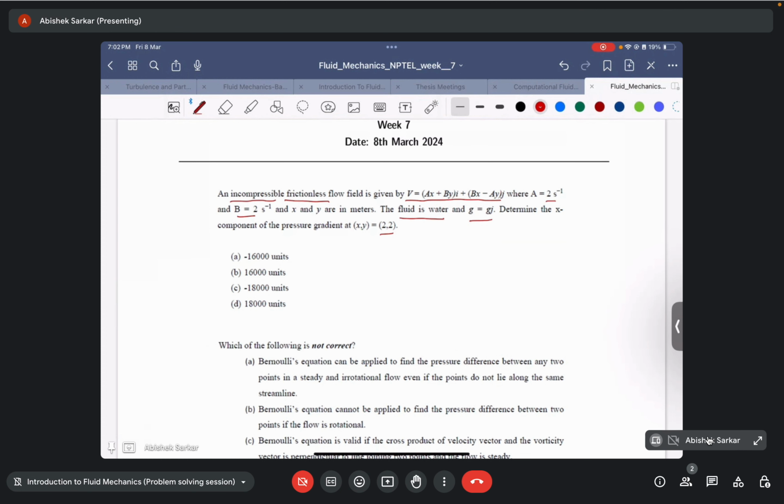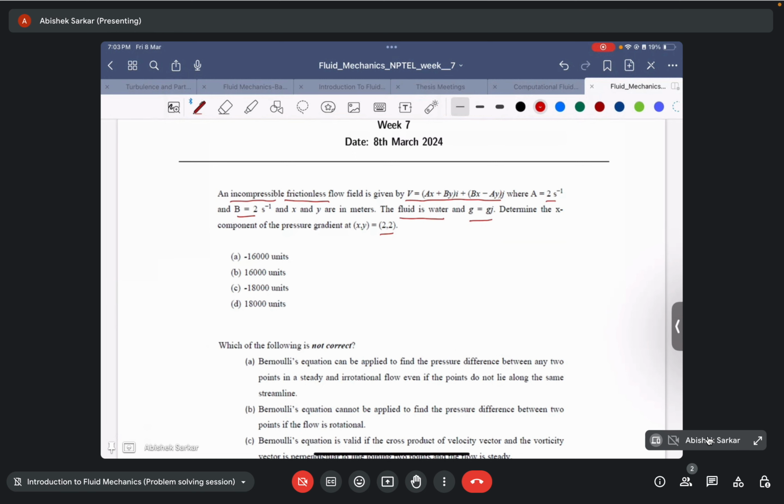There will only be one term to consider, the inertia term, and since the body force term is 0, that term will not be there. So the equation will be much simpler compared to Euler's equation of motion along the y direction. That's the algorithm for solving this.